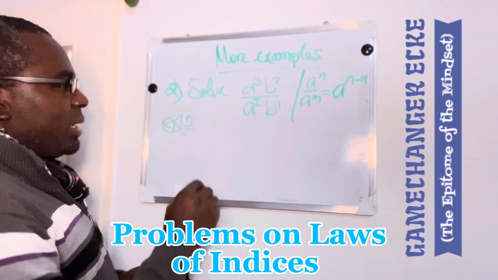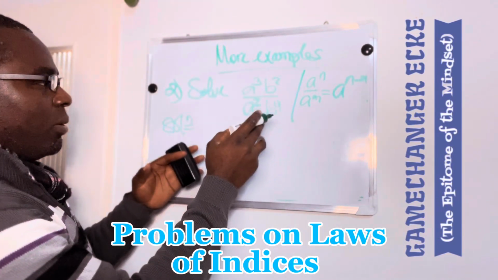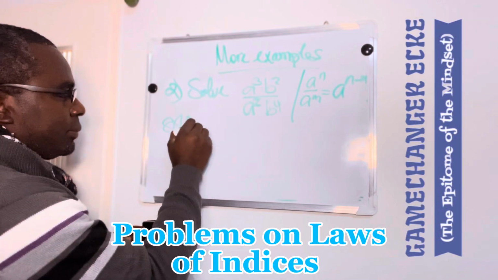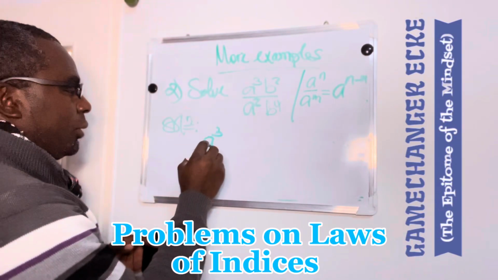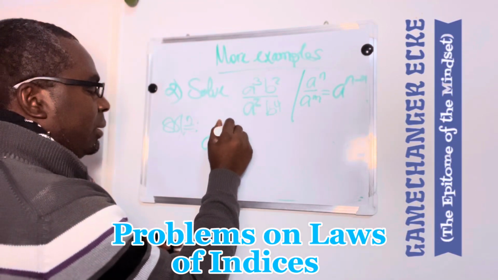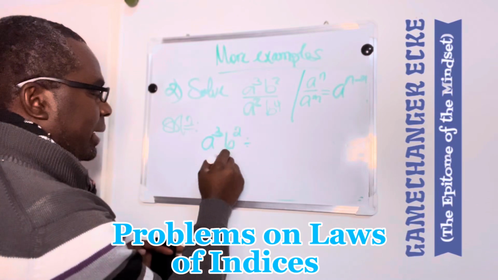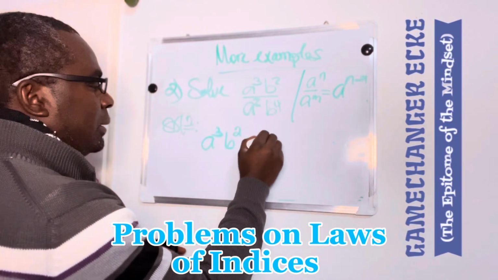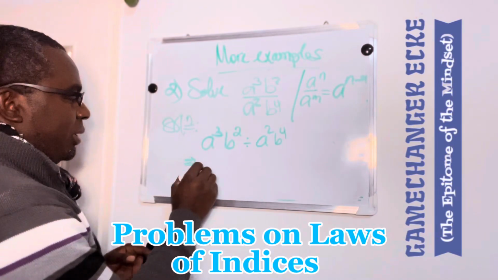And what does that state? In this case, if we want to apply this law, we have a cubed b squared divided by a squared b to the power 4.